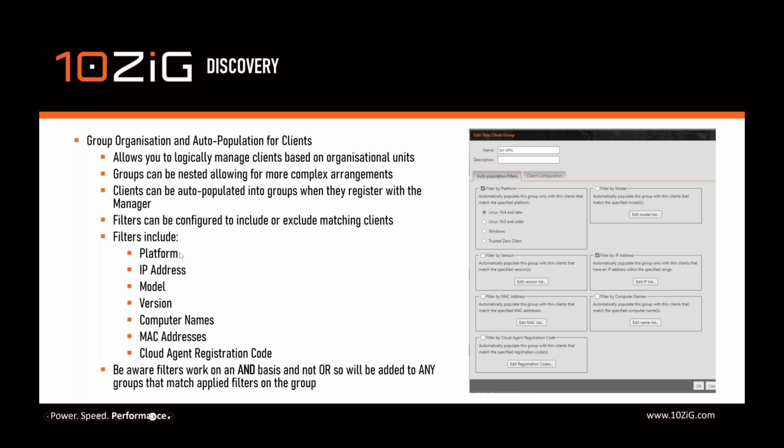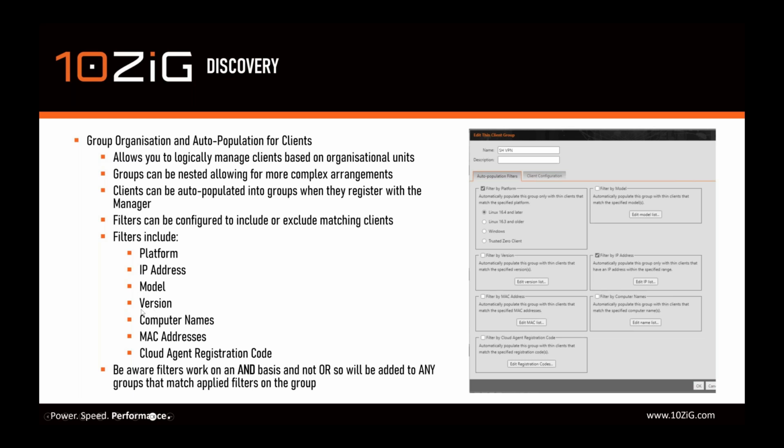Some of the filters that we can configure: you've got the platform, IP address filters that can be set up, and you can also filter on specific hardware models. If you've got different 10ZiG hardware with different display interfaces, you might want to apply different templates to those, so we can specify filters for different groups using the model information.